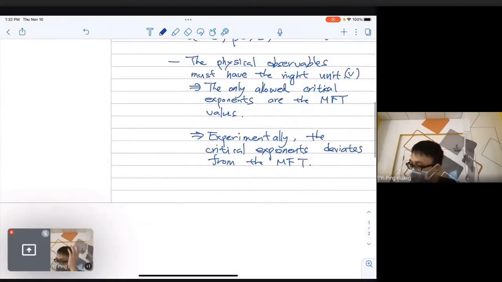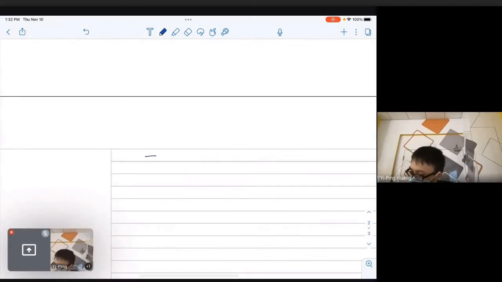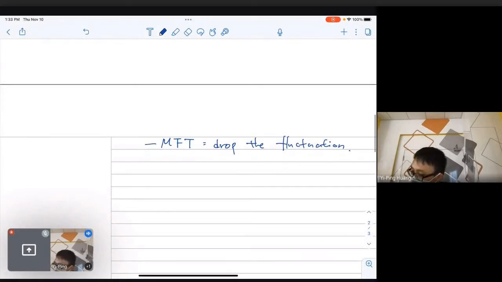We first notice that mean field theory basically drops the fluctuation. So a simple idea is that maybe it is because mean field theory dropped the fluctuation. Once we put the fluctuation back, maybe we can cure the problem and have some theoretical understanding of why the critical exponents are beyond mean field theory and explain the experimentally observed data.